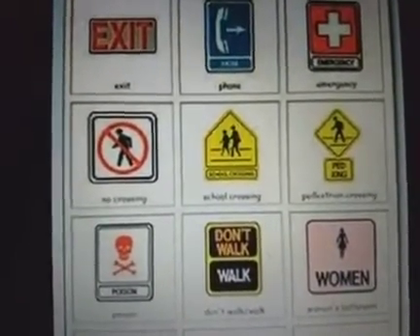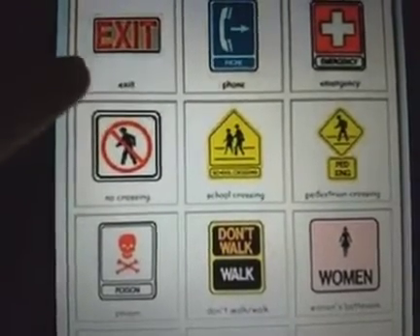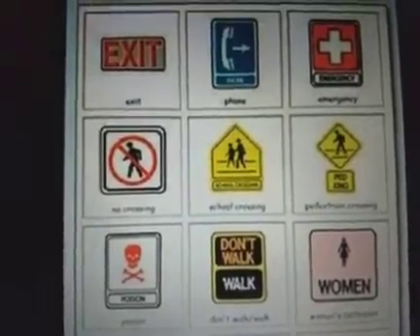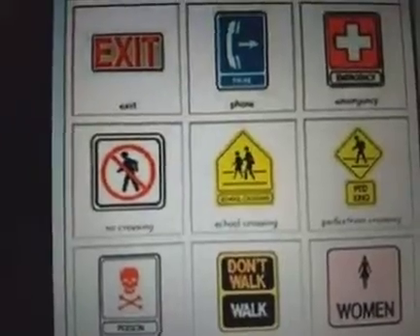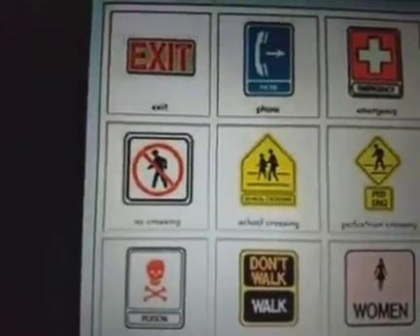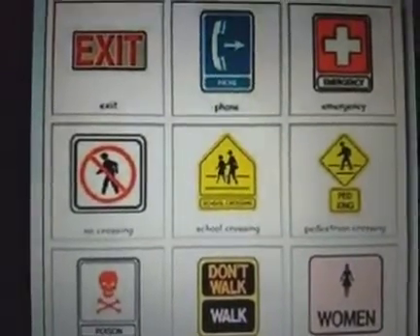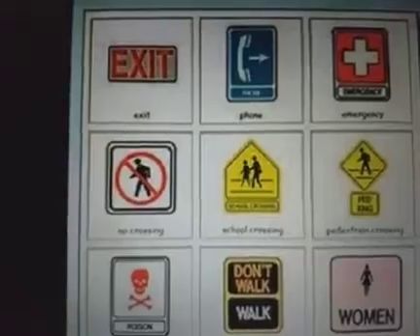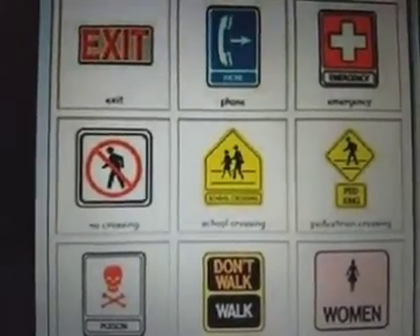This is a word we can read also. Exit. This symbol shows you from where you have to exit, from where you have to go out. Very commonly seen in the shopping, very big. It is written in red. It shows you the way out.